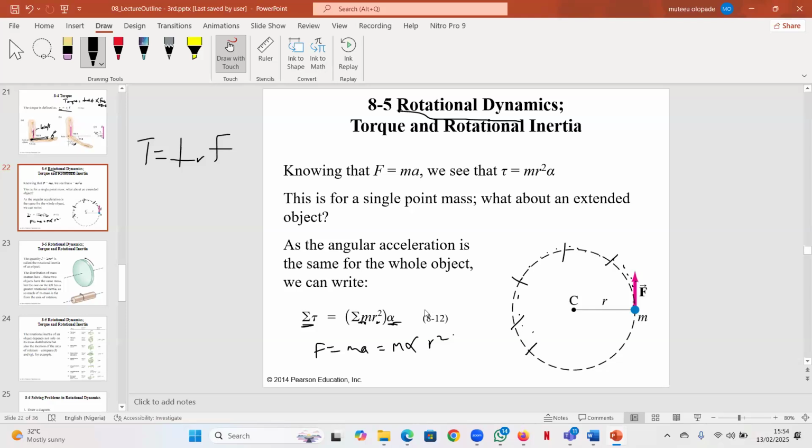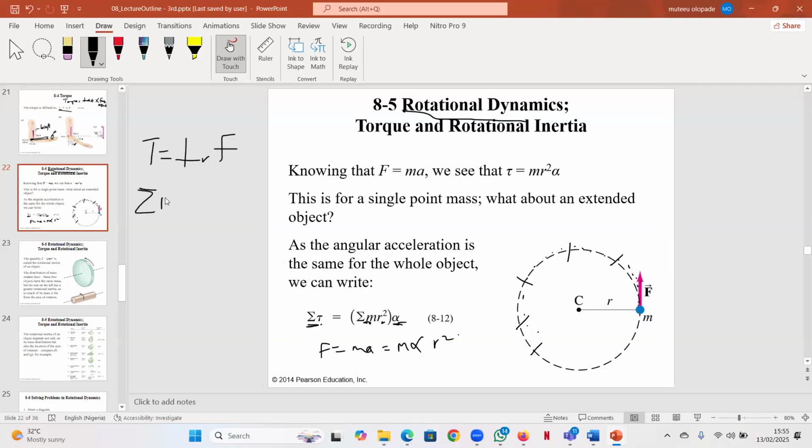That's why we have summation of the torque. So we then have summation of torque, which will now be what? F is MA, mass times acceleration. And under rotational, it will also be the summation of M multiplied by angular acceleration.